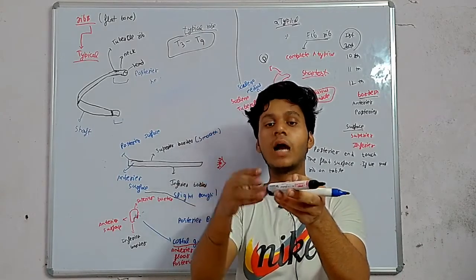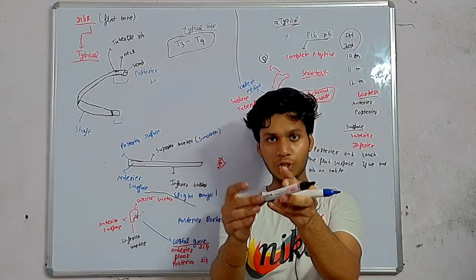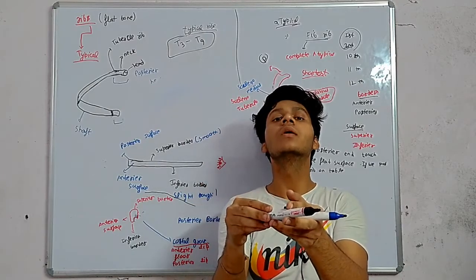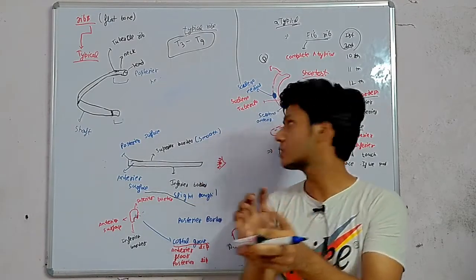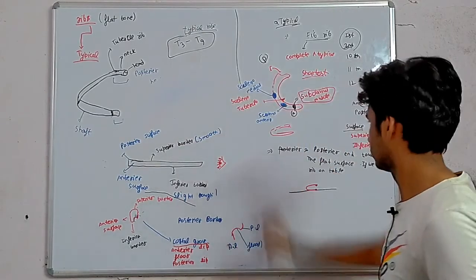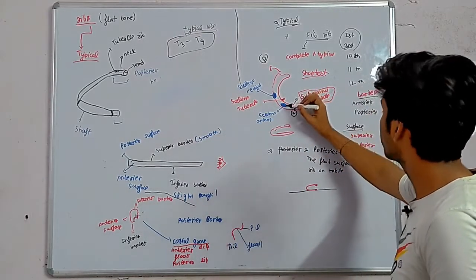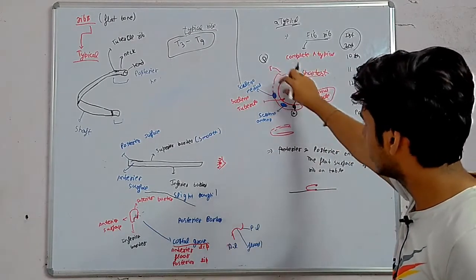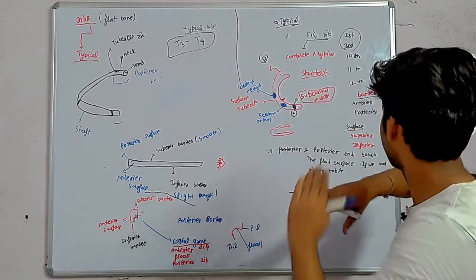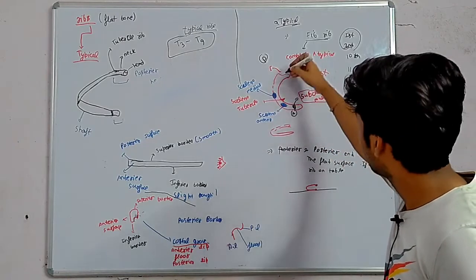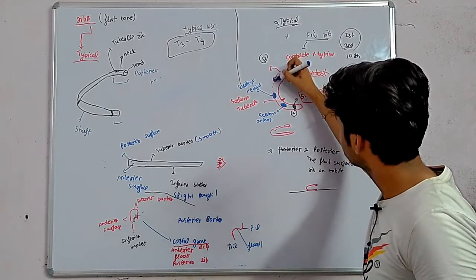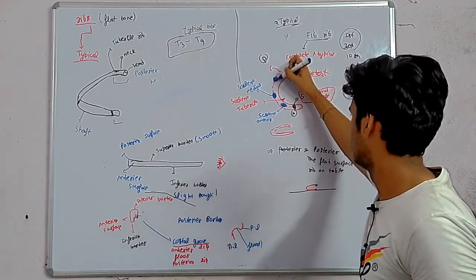So the scalenus medius is attached to this portion, and here the scalenus posterior. The scalenus anterior is on the superior surface, the scalenus medius is on the lateral border to surface, and here the scalenus posterior.